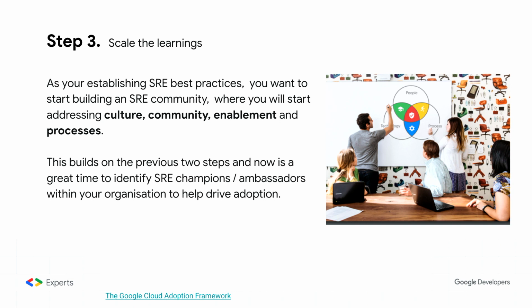How this can work is you could build a shared Confluence space or a shared repo where you talk about the code changes that you've made, the SLOs that you set for a particular service, and show how they're making a meaningful impact to the internal organization.